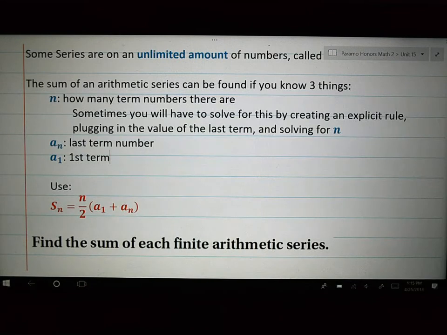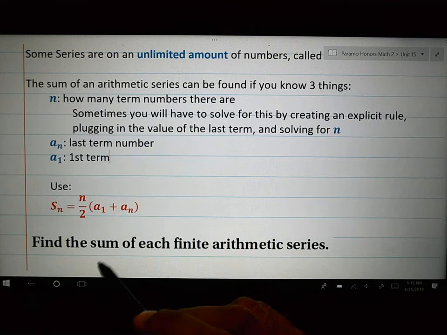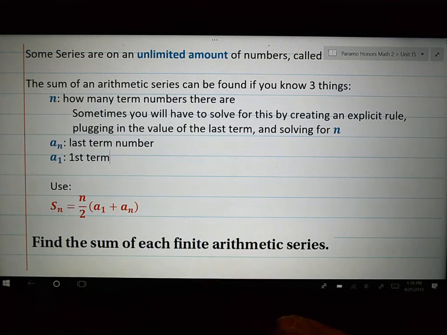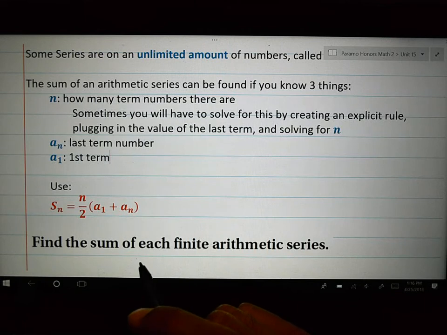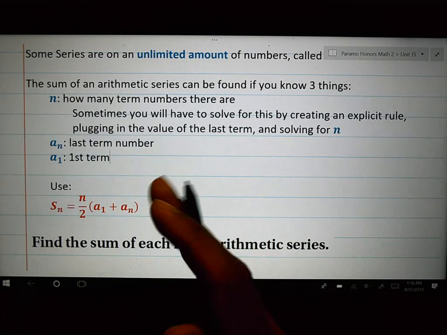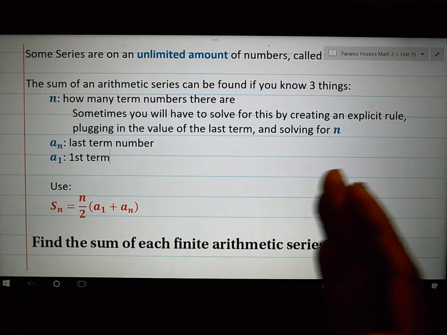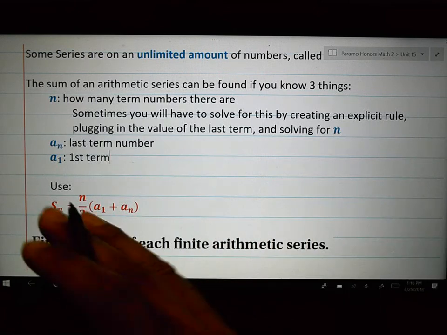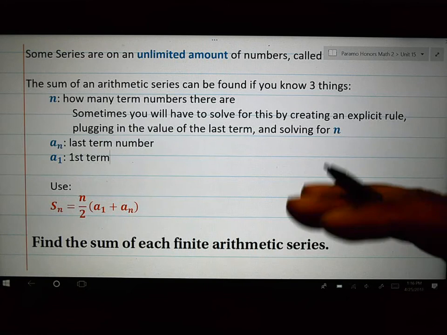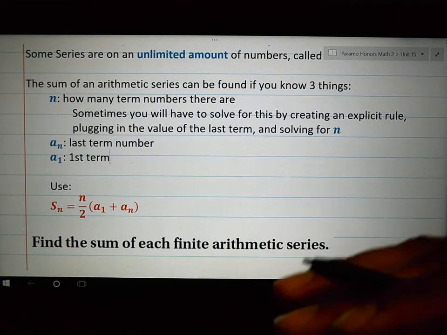So what we're going to do is we're going to use another formula, and this formula is kind of neat. It's based off of a student who was posed a question a long time ago. I heard about this story when I was learning mathematics, and it's kind of neat. Somebody once said that they were going to do all the numbers between 1 and 100. 1, 2, 3, 4, 5, 6, 7, 8, 9, 10. And the math teacher posed that question to the students.